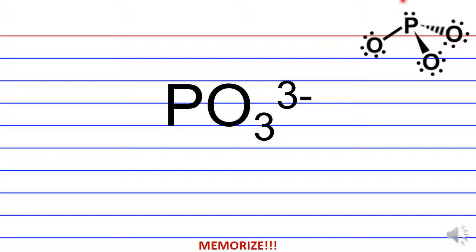The phosphorus has a lone pair of electrons, it's unbonded, and 3 that are in single bonds with oxygen. So this has a trigonal pyramidal molecular geometry. And this is one of the things that I do recommend for you to memorize. All right, so memorize this.